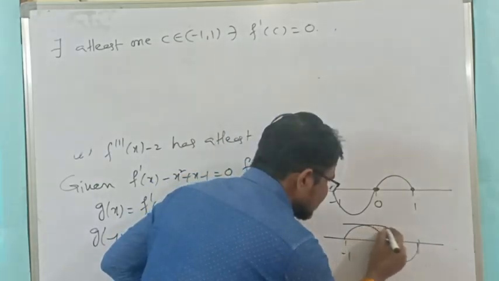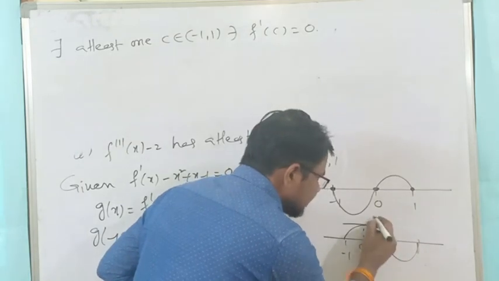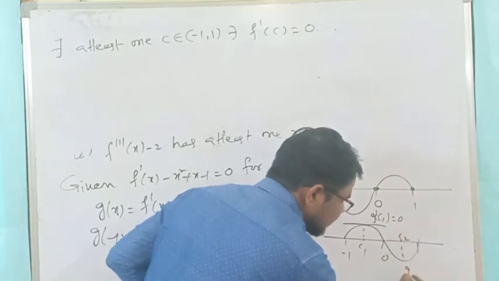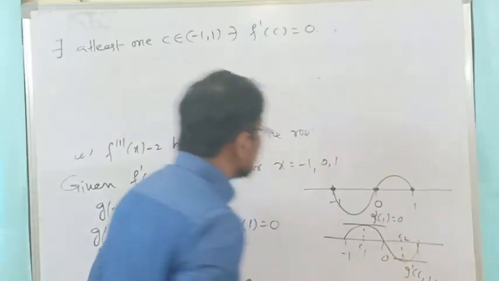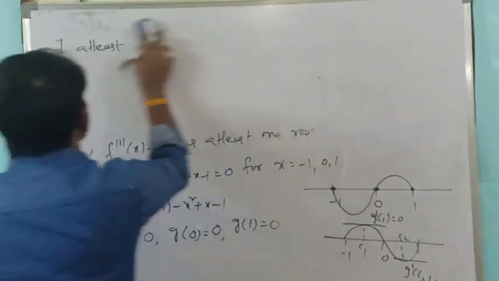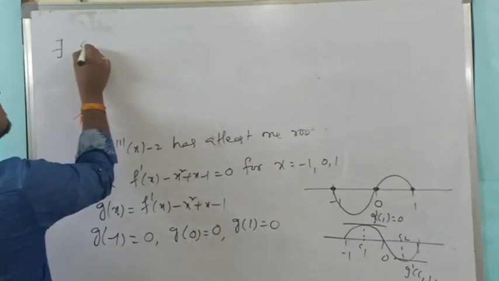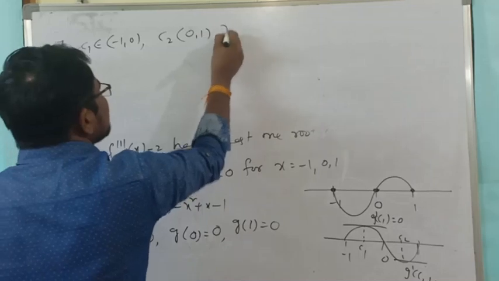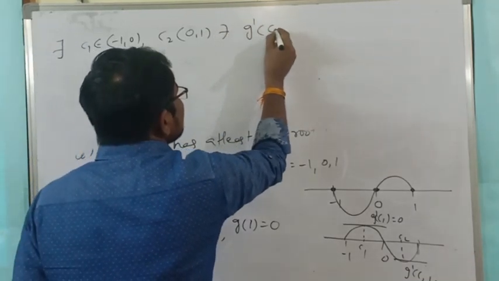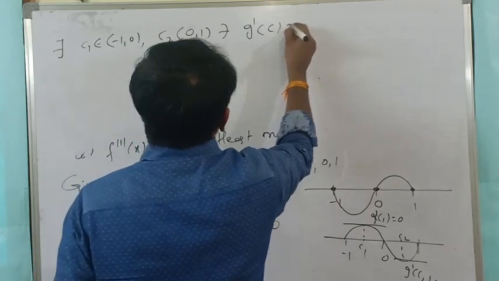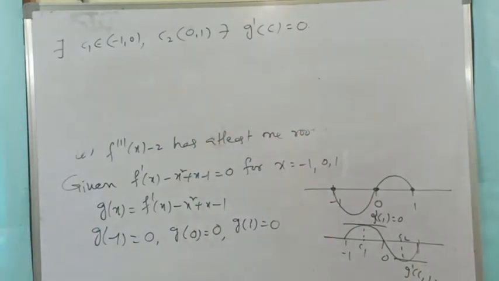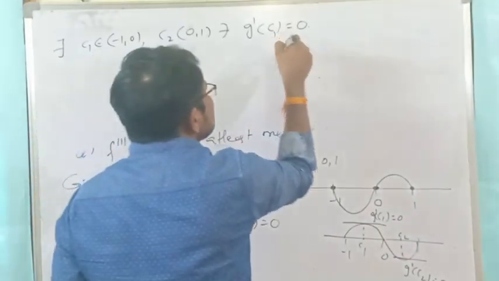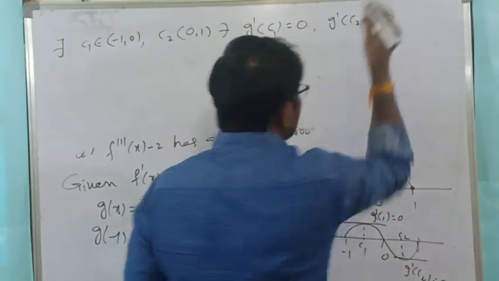Means here at least one point c1 where g dash of c1 equal to 0, and here also one point c2 where g dash of c2 equal to 0. Means we can write c1 belongs to (minus 1, 0) and c2 belongs to (0, 1) such that g dash of c equal to 0. Right?